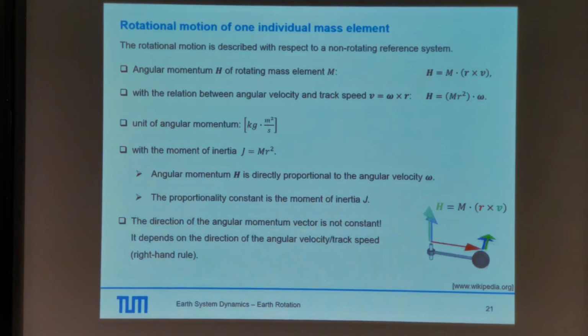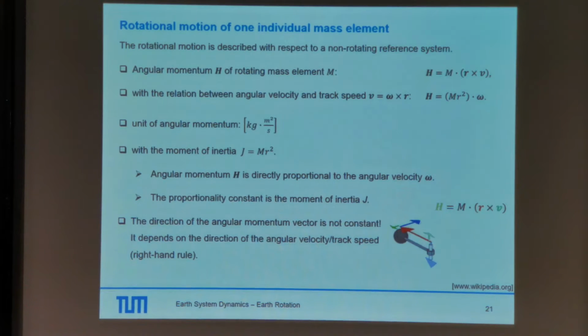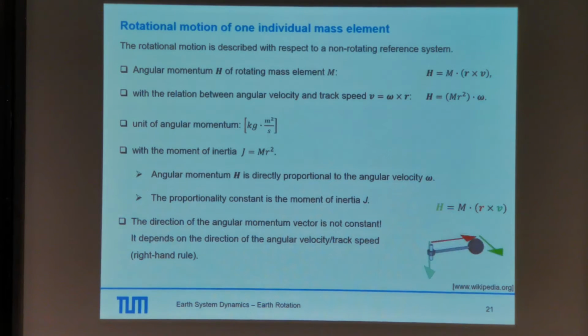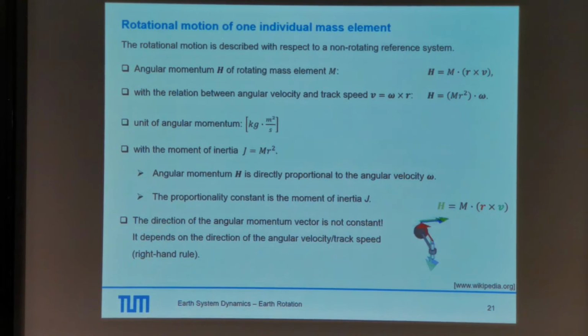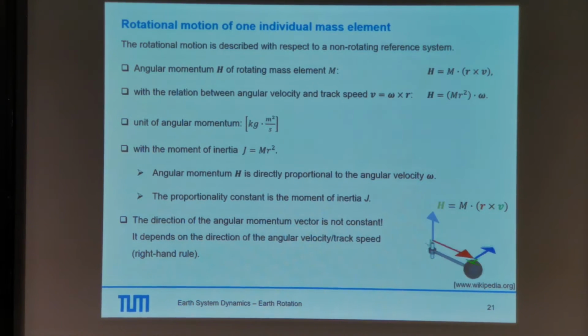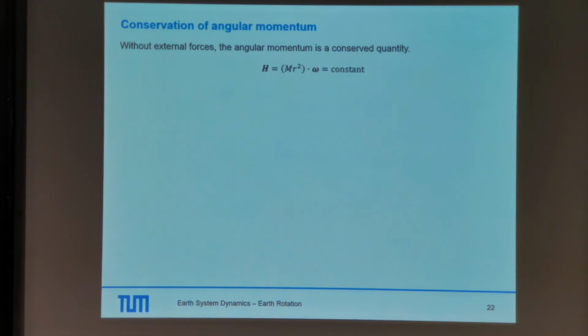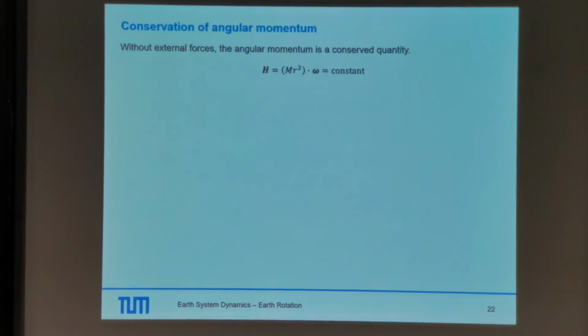This won't work with the left hand, that's why it's called the right-hand rule. And you see if the direction of the track speed changes, then the direction of the angular momentum also changes to the opposite direction. Okay, without external forces, the angular momentum is a conserved quantity, which means it's constant.